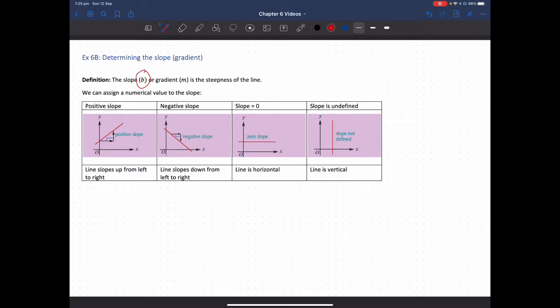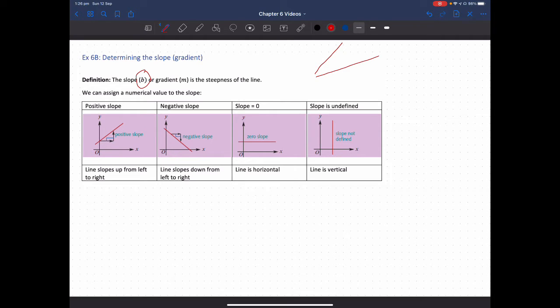If we have a line going up across the screen gently, that has got a positive slope. If we have a line going up across the screen but at a steeper angle, then it also has a positive slope, but it has a bigger gradient or slope because it is steeper.